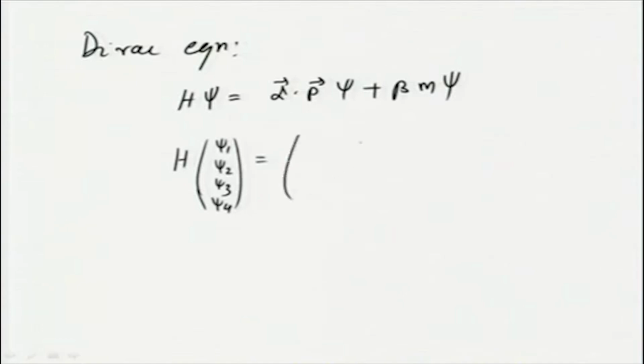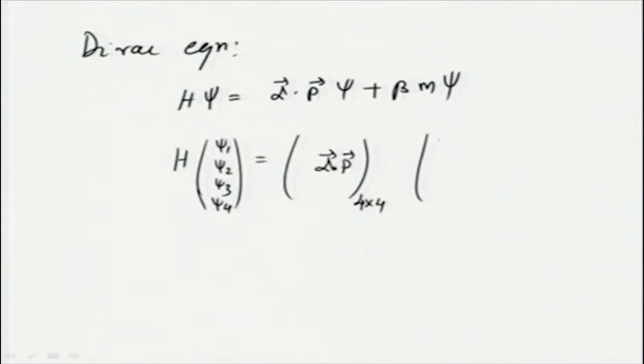Alpha is a 4 by 4 matrix dotted with p, so alpha dot p itself is a 4 by 4 matrix.